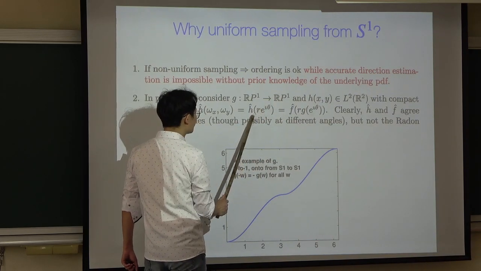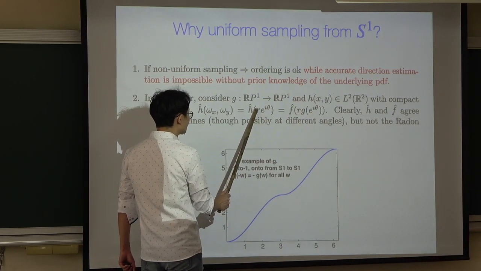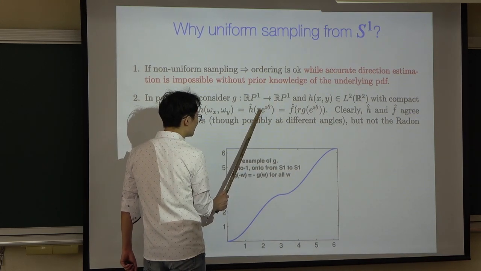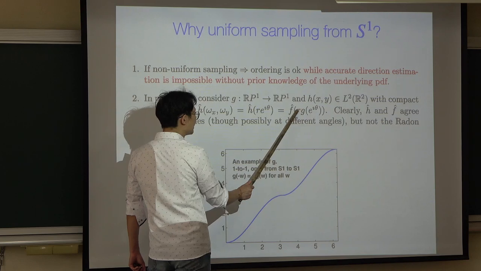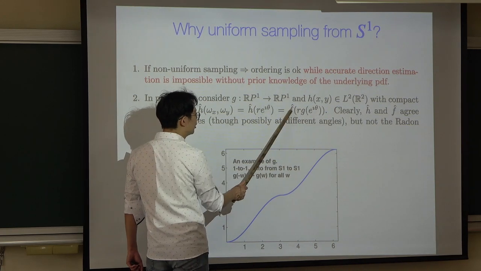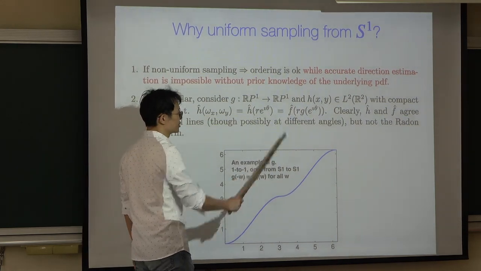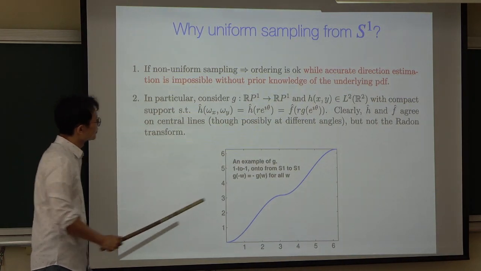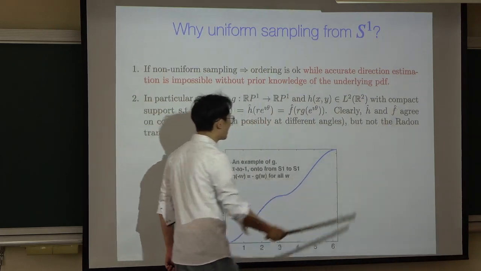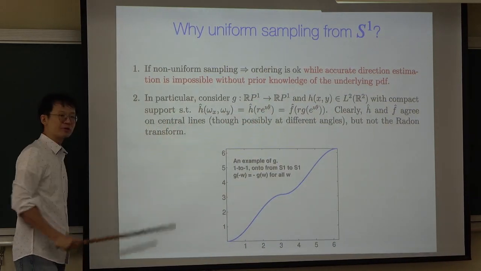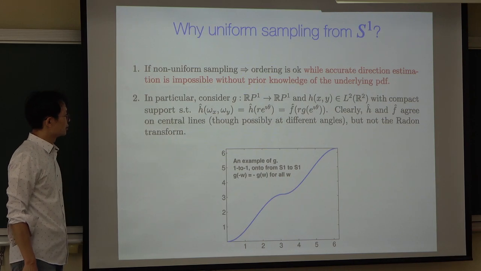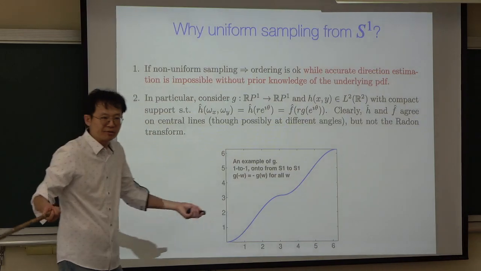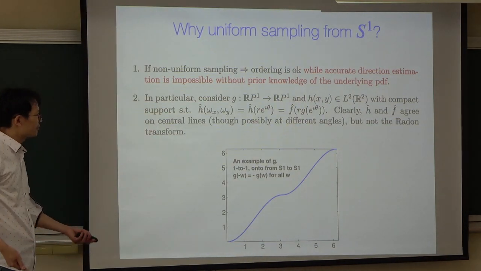That is, its Fourier transform is written as R e^{iθ}, but I will request this R e^{iθ} to be related to G of e^{iθ}, the function that we have interest in. And clearly, if you just focus on those endpoints, then H hat and F hat agree on the central lines, all the central lines. Although, because of different distributions, you have different angles.